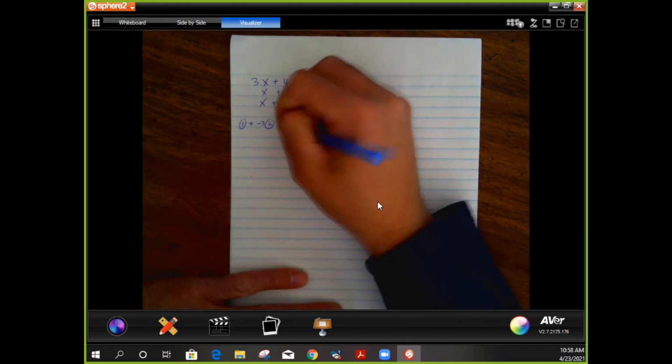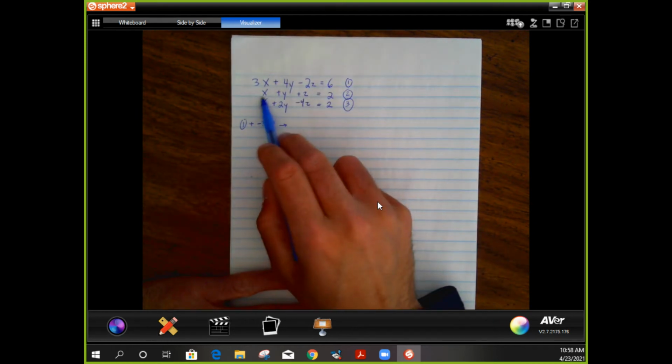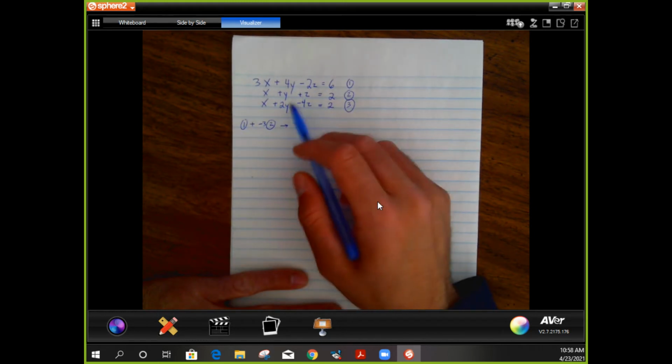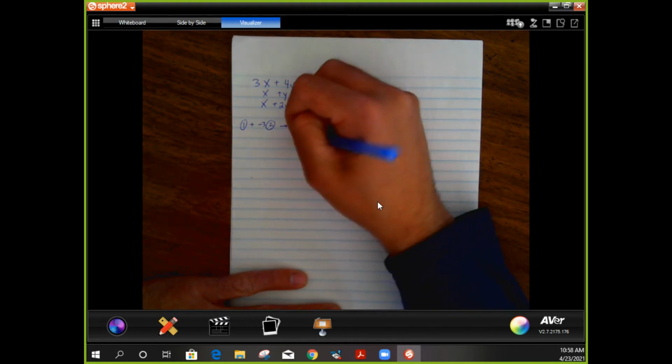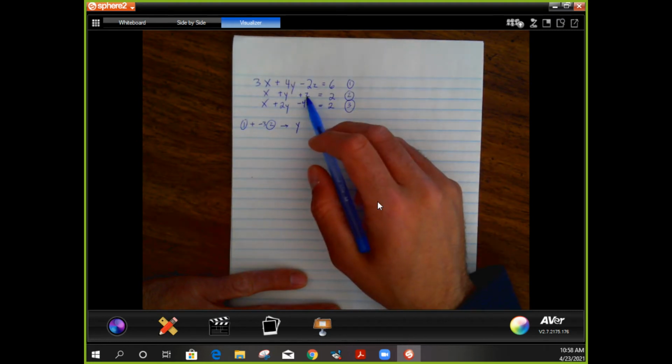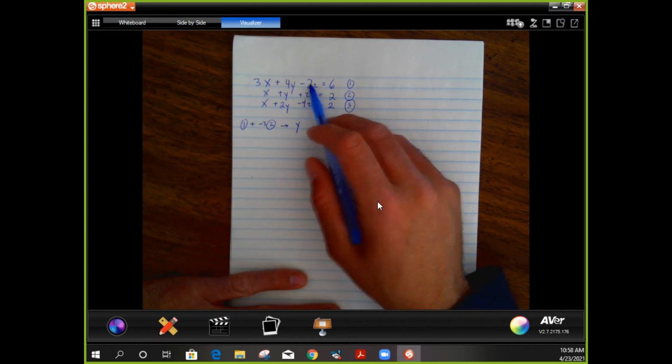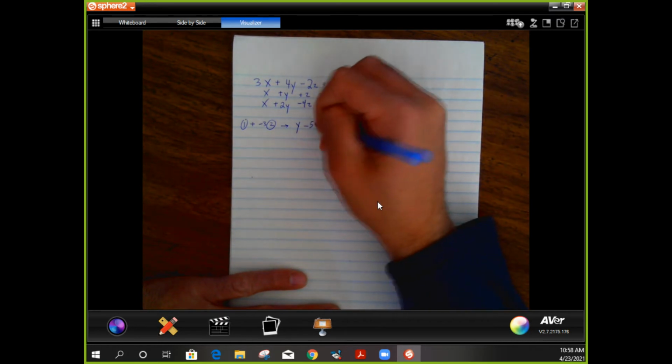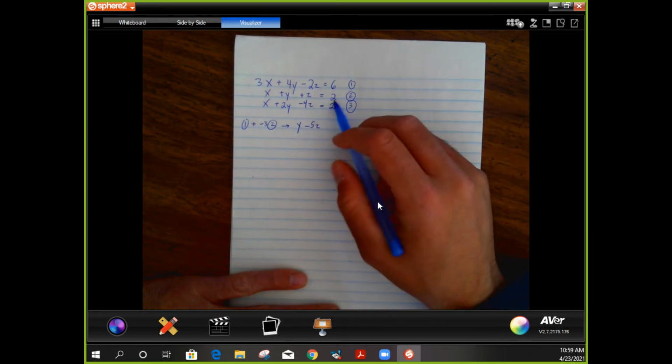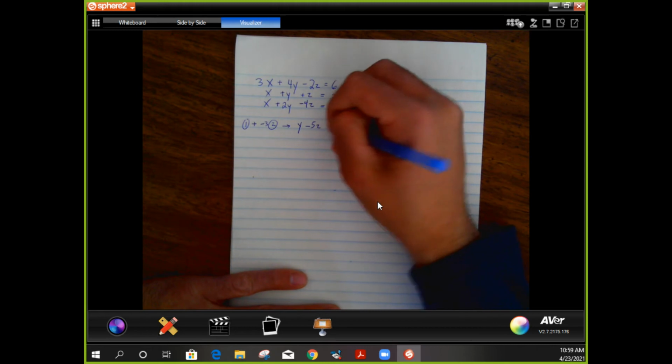If I take negative 3 times equation 2, that gives me negative 3x plus 3x, that cancels out. Then negative 3 times y plus 4y is just y. Negative 3 times z is negative 3z minus 2z is negative 5z. And negative 3 times 2 is negative 6 plus 6 is 0.